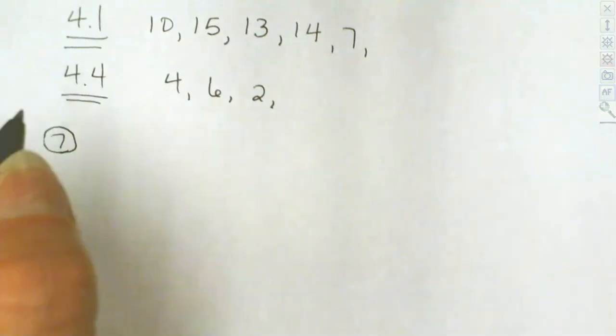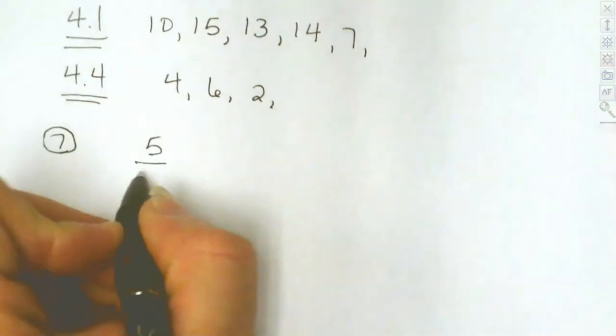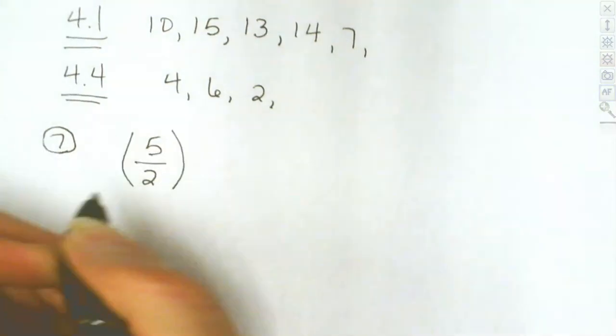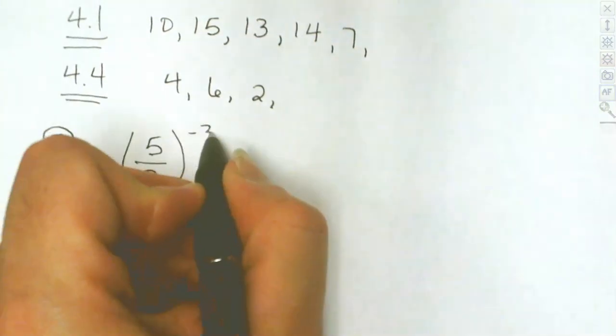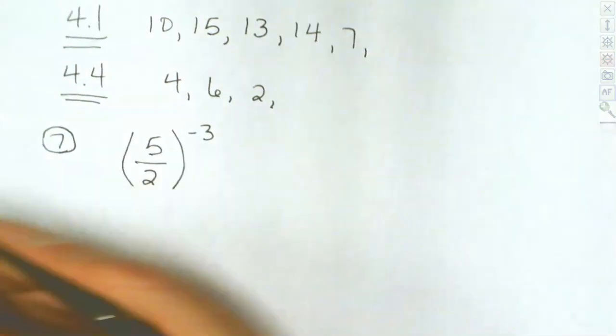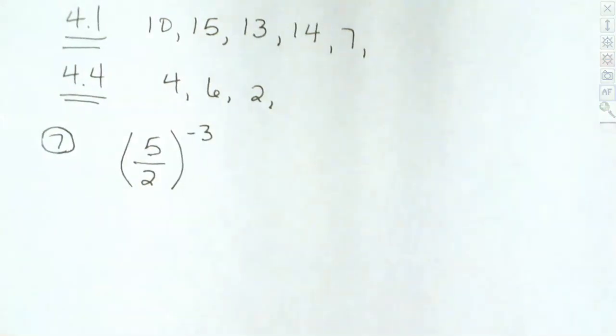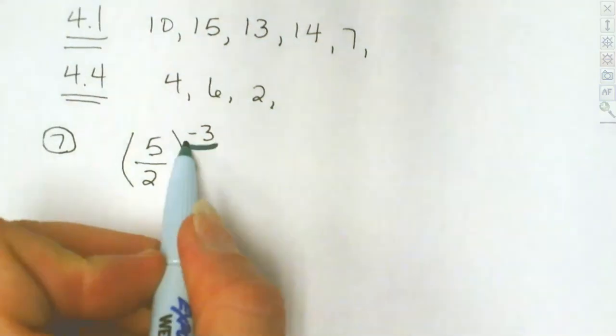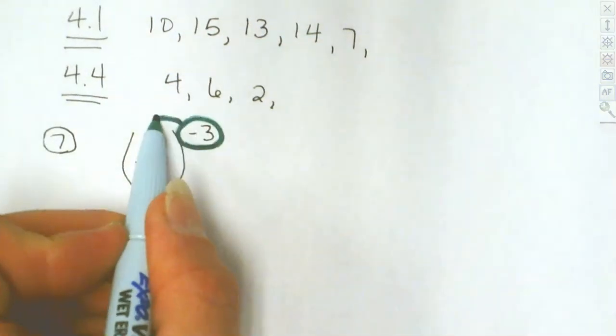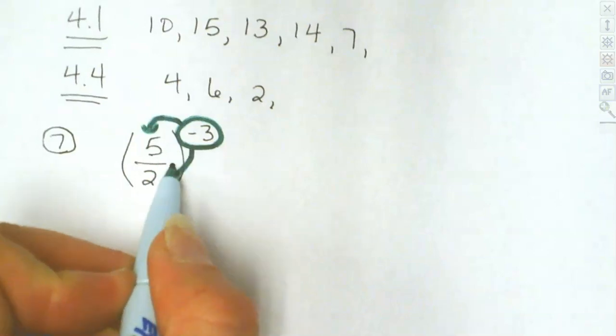So question 7 is we've got 5 over 2 to the negative third power. So what we can do, and there are many different ways of looking at a problem like this one, I'm going to go ahead and distribute through that negative 3.